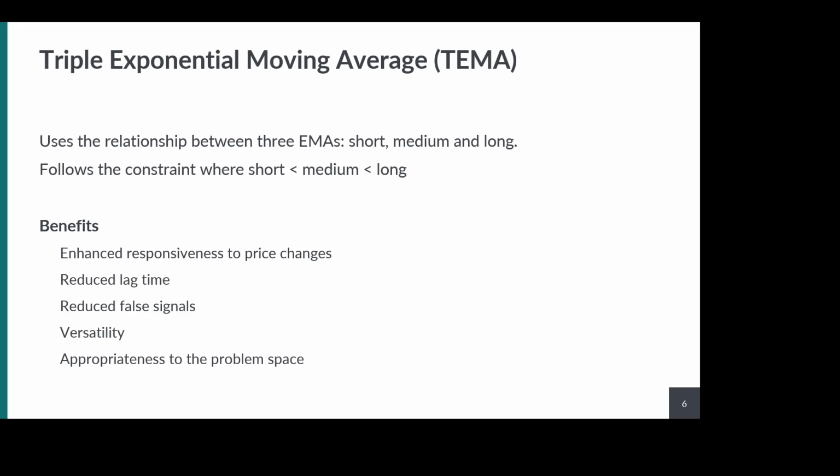Some of them are that it allows us to be more responsive to price changes. With the multiple EMAs, we can reduce the lag time and in particular reduce false signals that we might get with just one EMA. It's quite a versatile strategy, and it has a key appropriateness for the problem space itself in that we are able to use a genetic algorithm to solve the multiple optimization problem, the multiple optimizations being each of these EMA window sizes.